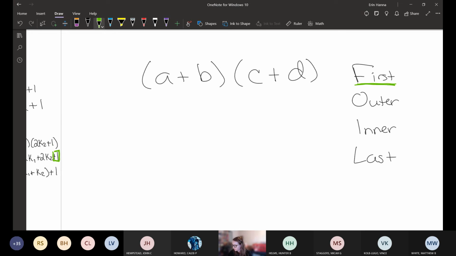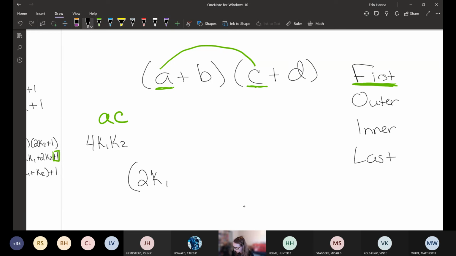You don't have to use the actual FOIL method if you just want to distribute it separately. But essentially what it means is you take the first things in each parenthesis and you multiply those together. So that would give us a times c. And that's where we got the k sub 1 k sub 2 from in the one that we were working on. So I'll also link this to the thing we were actually doing as well.